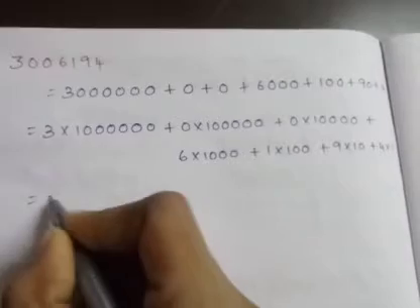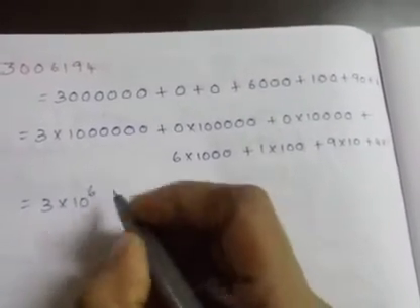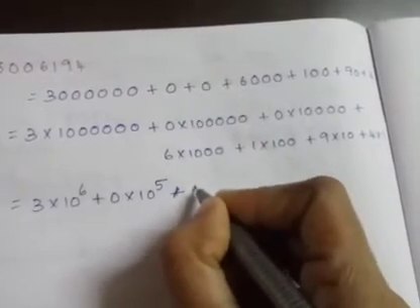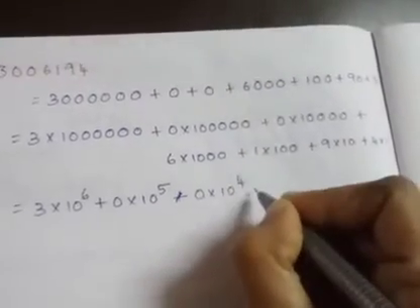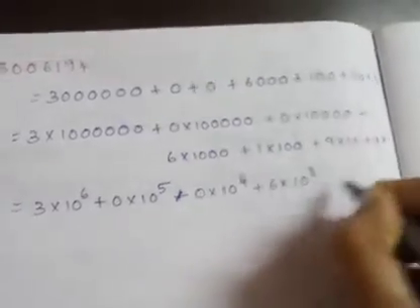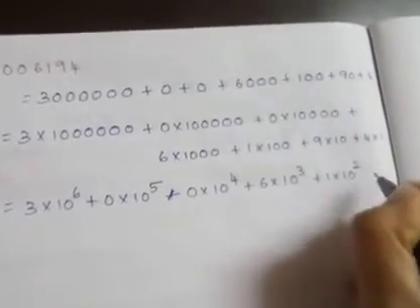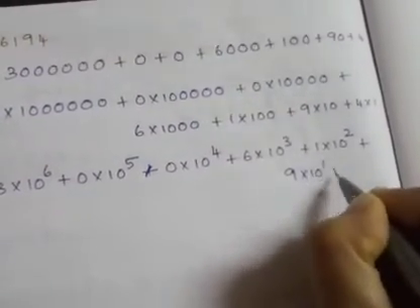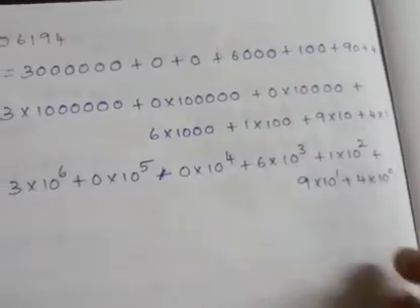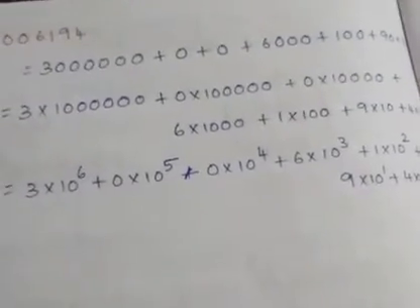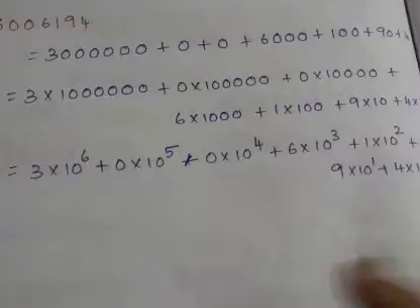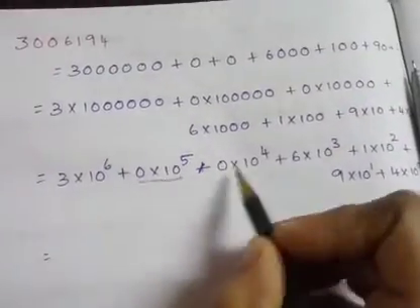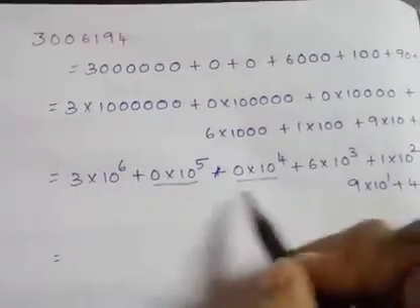Now 3 into 10 power 6 plus 0 into 10 power 5 plus 0 into 10 power 4 plus 6 into 10 power 3 plus 1 into 10 power 2 plus 9 into 10 power 1 plus 4 into 10 power 0. Don't forget to put this 10 power 0. Now what will you do? You don't need 0 into 10 power 5 and 0 into 10 power 4, because both are 0.